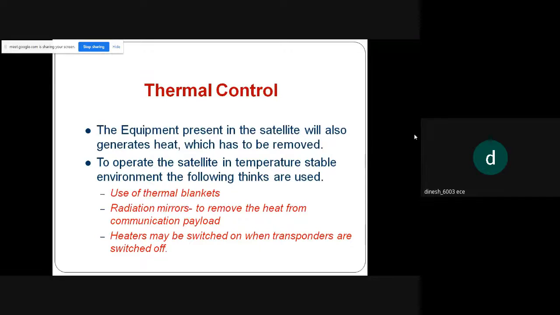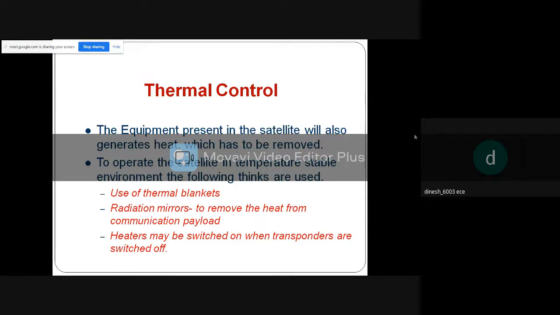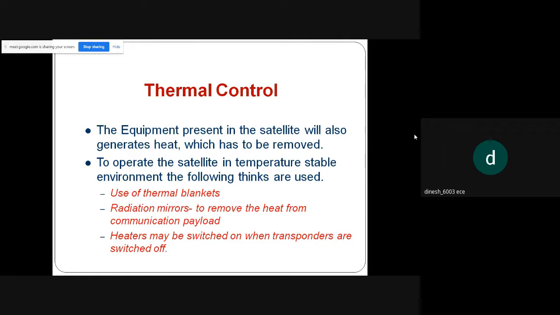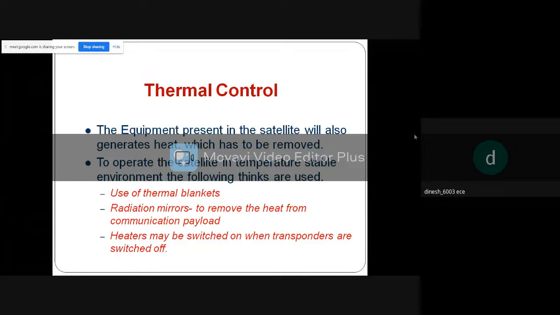Heaters may be switched on when transponders are switched off. So these three considerations can be followed to avoid overheating of the satellite. If overheating occurs, the satellite will malfunction and send inappropriate data to Earth, where the Earth station relies on the satellite's information for taking appropriate actions.